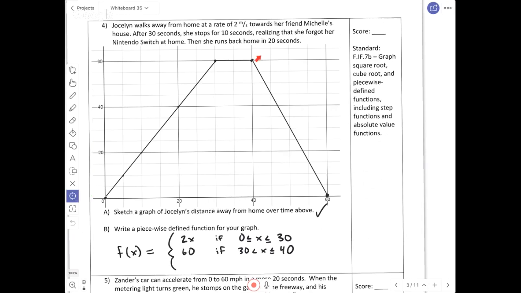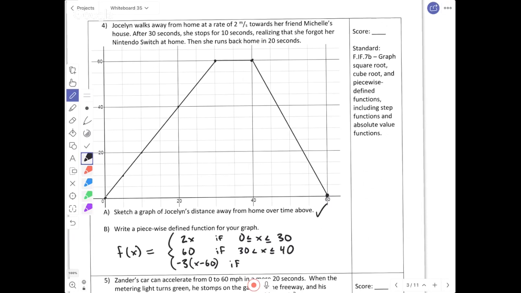We went 60 meters in 20 seconds. So let's see, it was a rise of negative 60 and a run of 20. So that's negative 3 meters per second, times x minus 60. She got home at 60, so 60 needs to be a zero of that function.